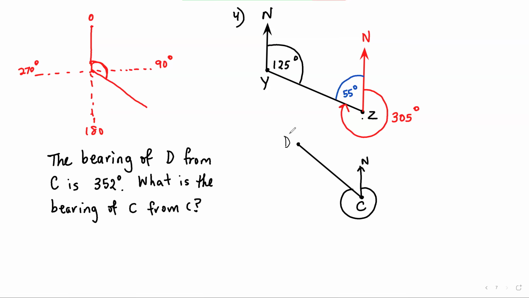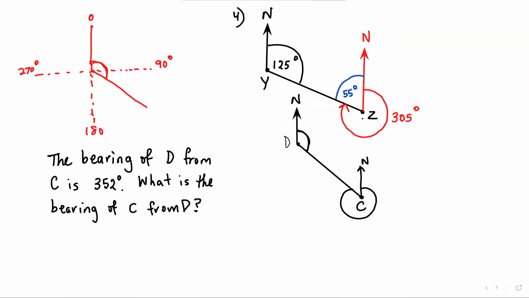All right, so to get the bearing of C from D now, sorry, D from C, I'm mixing it up all the time. Sorry, guys, this should have been the bearing of D from C. So now what is the bearing of C from D? Good. This is your point D. Let's put our north line there. The bearing of C from D will be this clockwise angle right here.